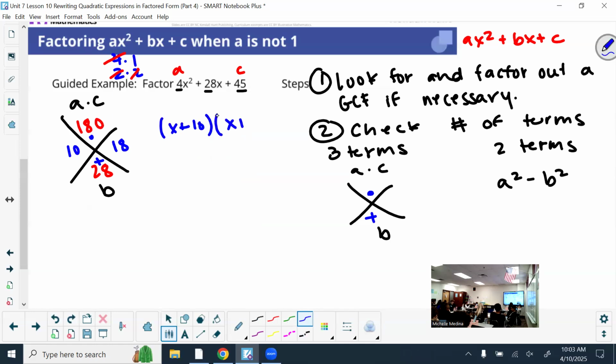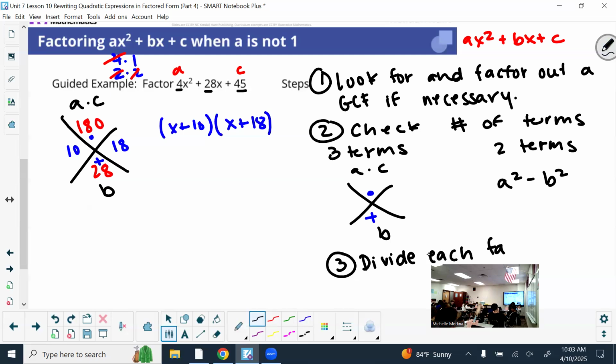But if I were to just stop there, I would not get that 4x squared when I multiply. So this is where the added step comes in. For our next step, we need to divide each factor by a and reduce the fraction.